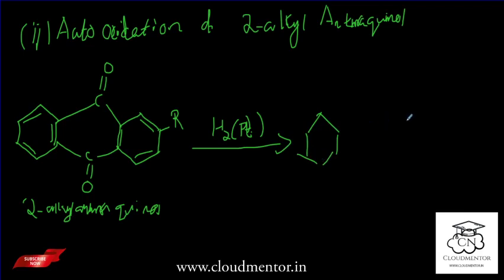It is the same one, but the difference is here the double bond breaks and hydrogen gets attached at O, forming the OH hydroxyl group here. OH gets attached here, and here also OH gets attached.